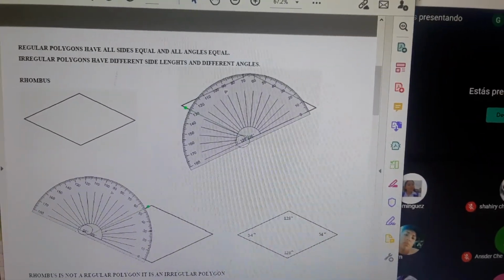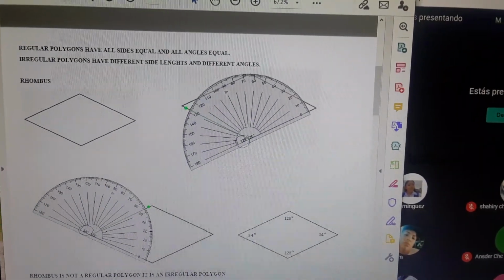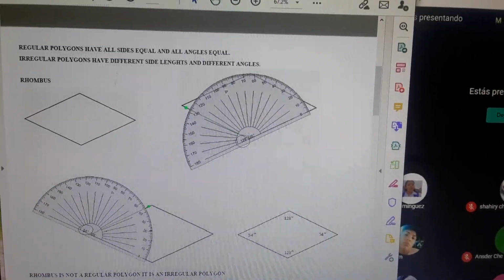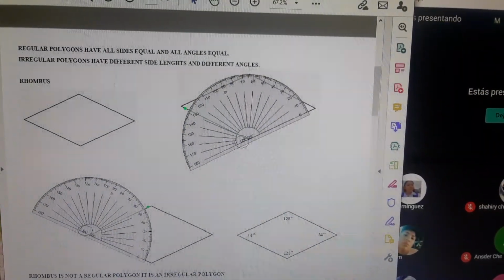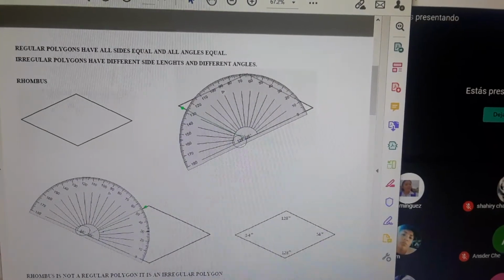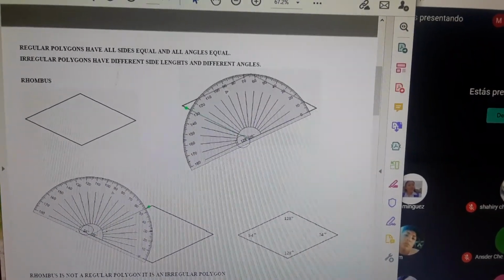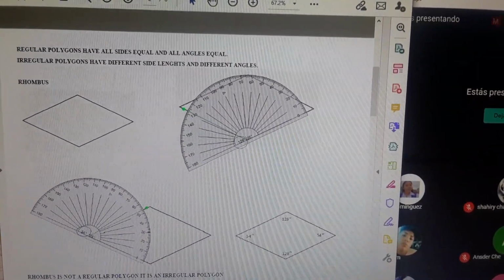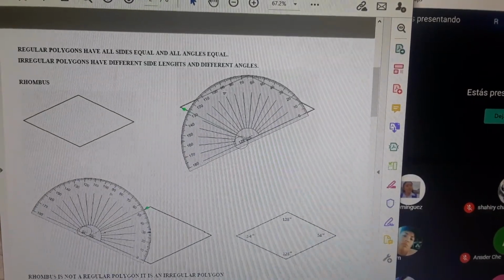So guys, if you remember what we were talking about in the last class, we were talking about regular and irregular polygons. So who can tell me what's a regular polygon?